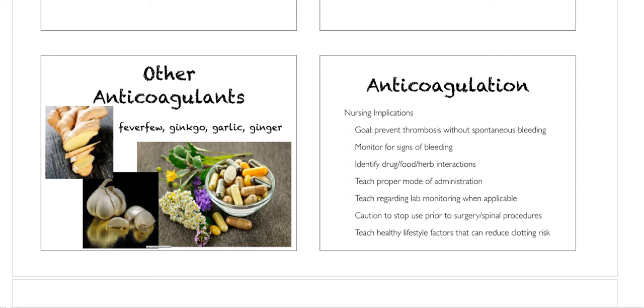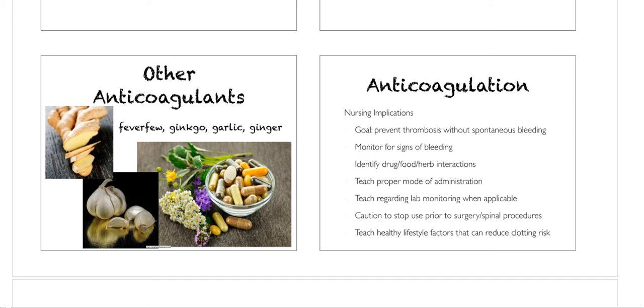When we get a patient who we're providing education on for a new anticoagulant therapy, we're always going to have to check, what drugs are they taking, what foods are they taking, and what herbs are they taking as well, because we do have a number of foods and herbs that could potentially impact synergistically the anticoagulant therapies.